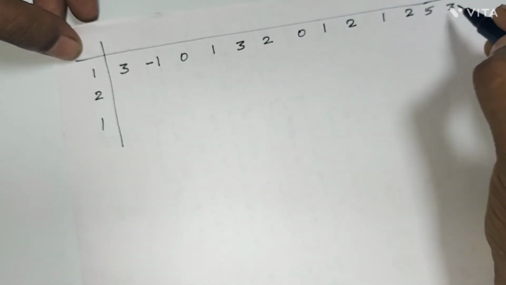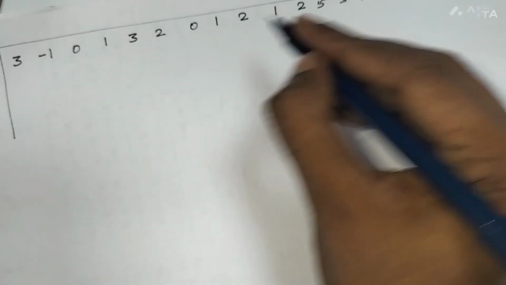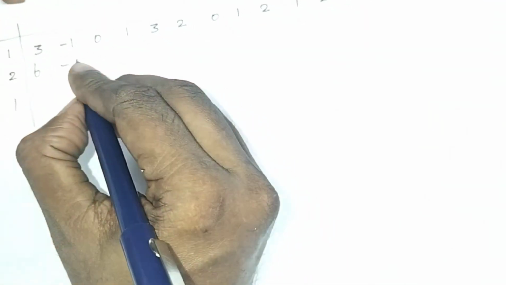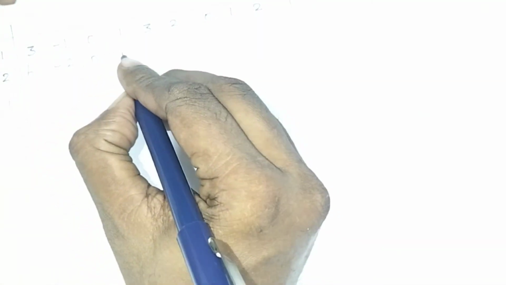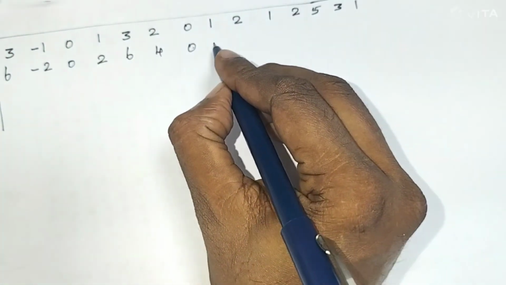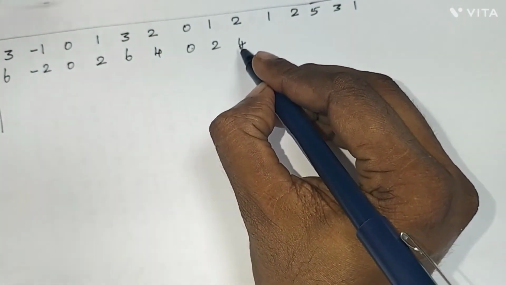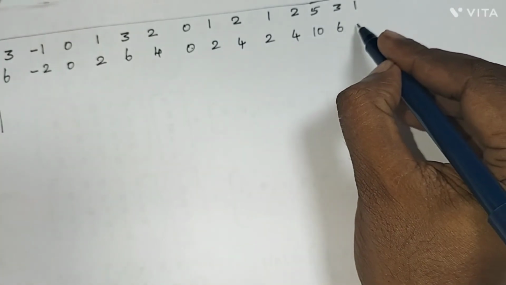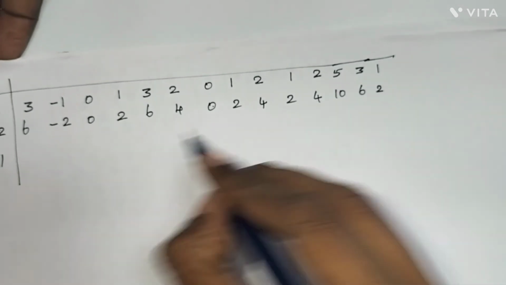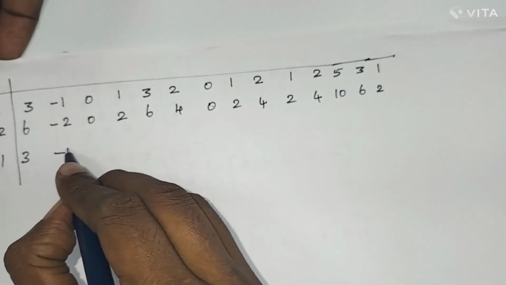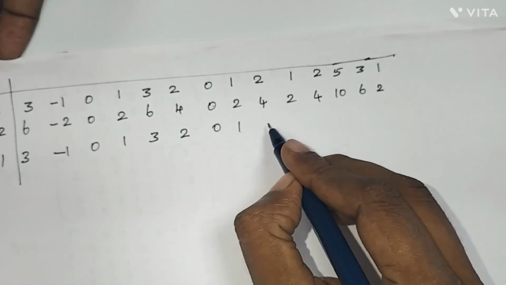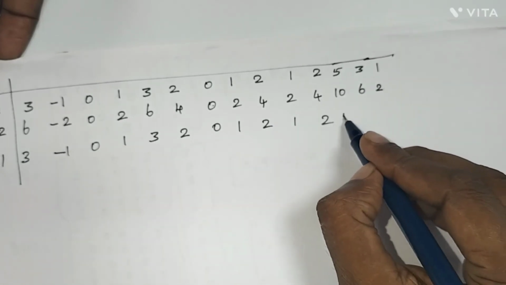And similarly 6 minus 2, 6 minus 2, 0, 2, 6, 4, 0, 2, 4, 2, 4, 10, 6, 2, and then 3 minus 1, 0, 1, 3, 2, 0, 1, 2, 1, 2, 5, 3, 1. That is the diagonal adding.